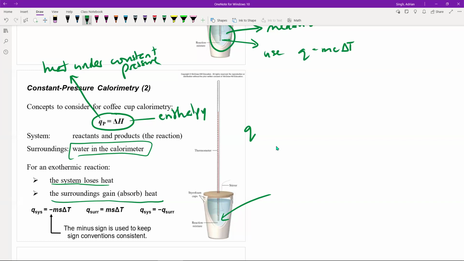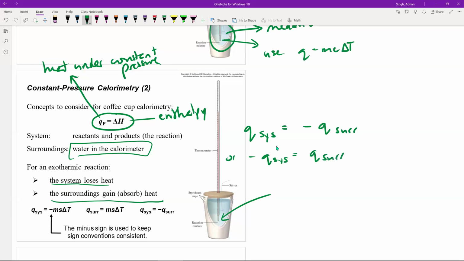Okay. So q of the system would be equal to the negative value of q of the surroundings. Okay, or we can say negative q of the system to be equal to positive q of the surroundings.